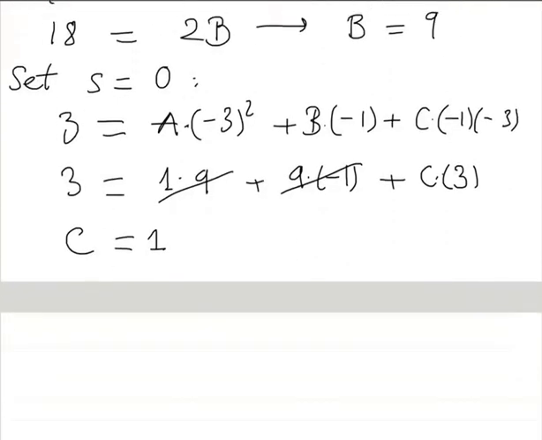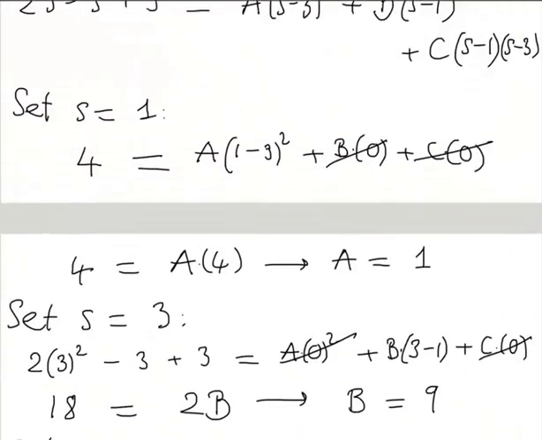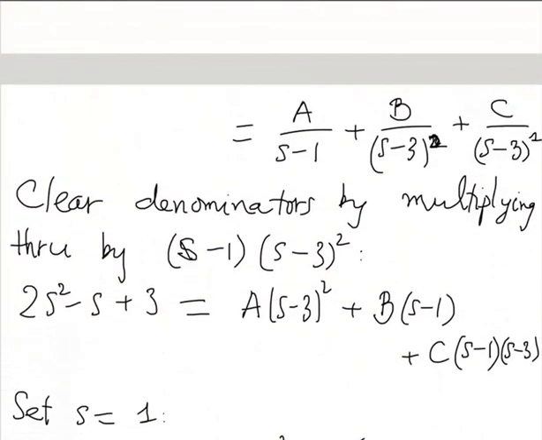Now we have the 3 values a, b, c already. So let's rewrite this. Let me just write dot dot dot because I don't want to rewrite the left hand side. It's a complicated fraction, and I want to save some time. But I know that we have a over s minus 1, and then b over s minus 3 squared, plus c over s minus 3.